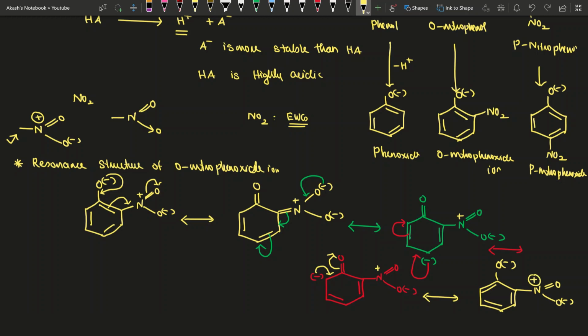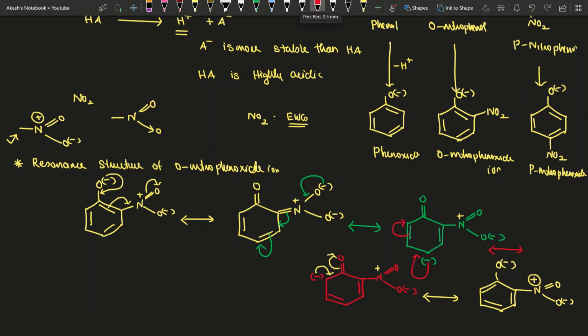So when you're considering the resonating structures of the orthonitrophenoxide ion, by comparing the first and the second resonating structure, we can see that the negative charge is withdrawn by the electron withdrawing nitro group. Correct? Electron withdrawing nitro group. Which effect is this?